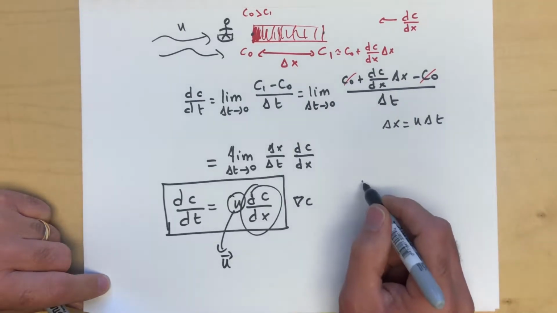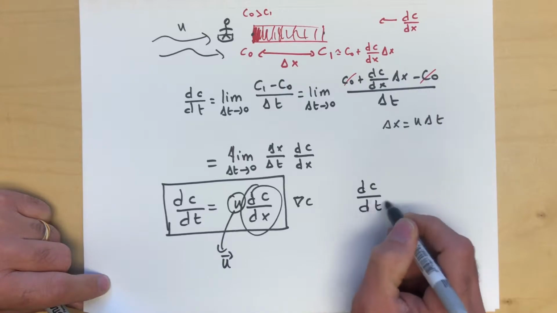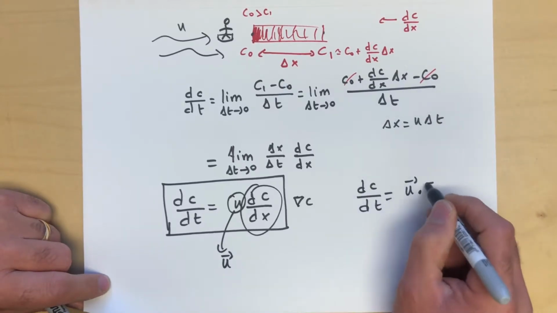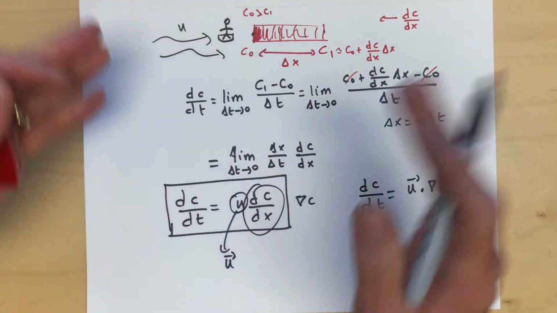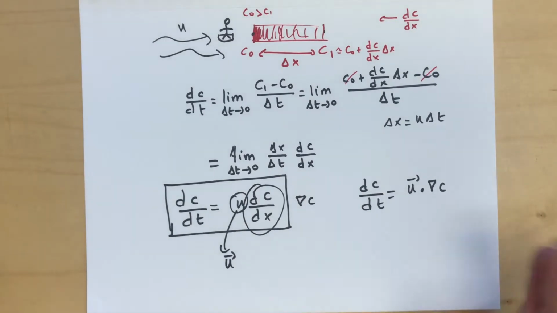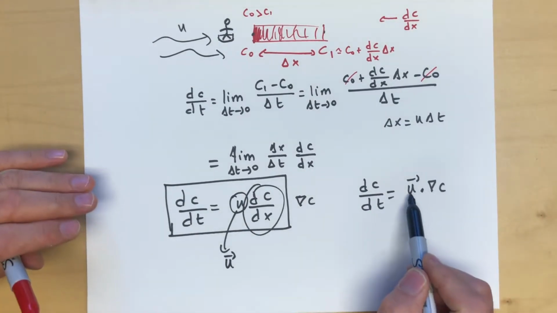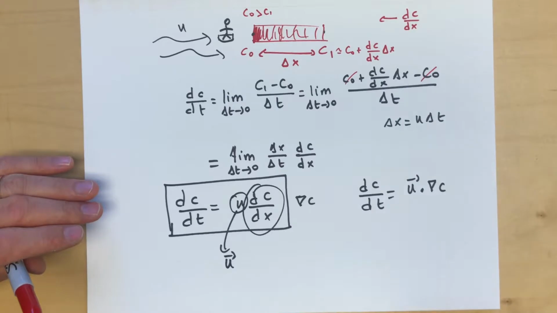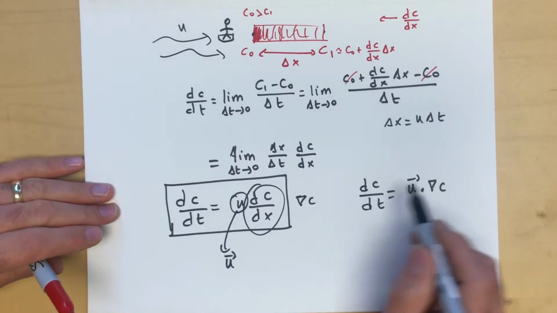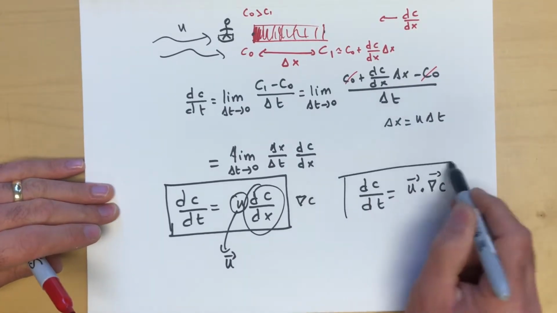Okay, so this becomes in 3D dC by dt equals u dot grad C. I mean, you can do the same thing in all three directions, and you're going to get three different components. You're going to get u dC by dx plus v dC by dy plus w dC by dz. So you get this kind of version in 3D.